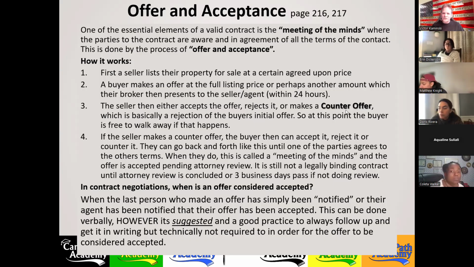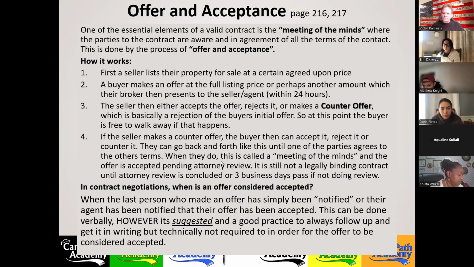It's also a rejection. Now, if the seller makes a counter offer back, the buyer can then either accept it, reject it, or they can make another counter offer, or they can just walk away. Now, they can go back and forth like this until one of the parties agrees to the other's final terms, their last terms.